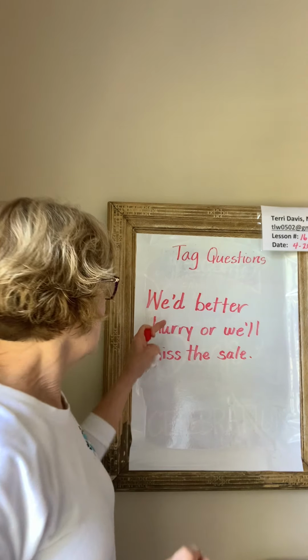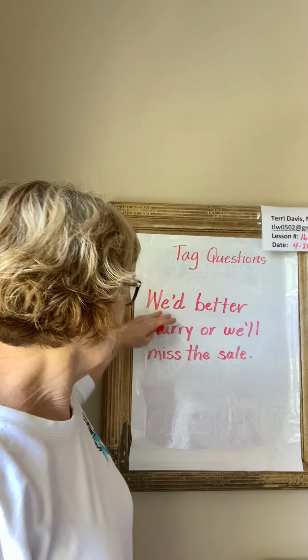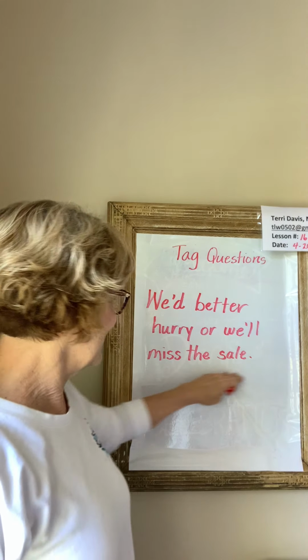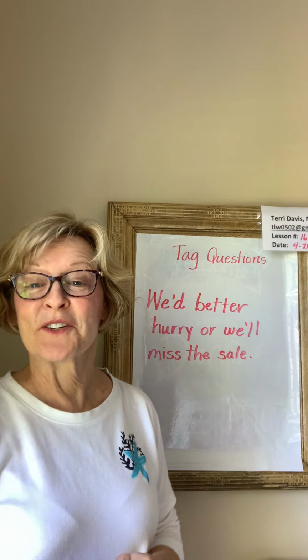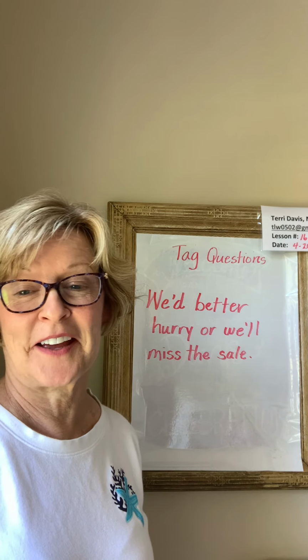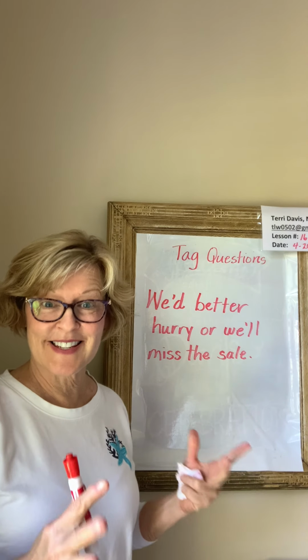All right. We'd better hurry or we'll miss the sale. I like to go to sales. And sometimes if you don't hurry and get there quickly, you miss out on all the good stuff, okay? We'd better hurry or we'll miss the sale.